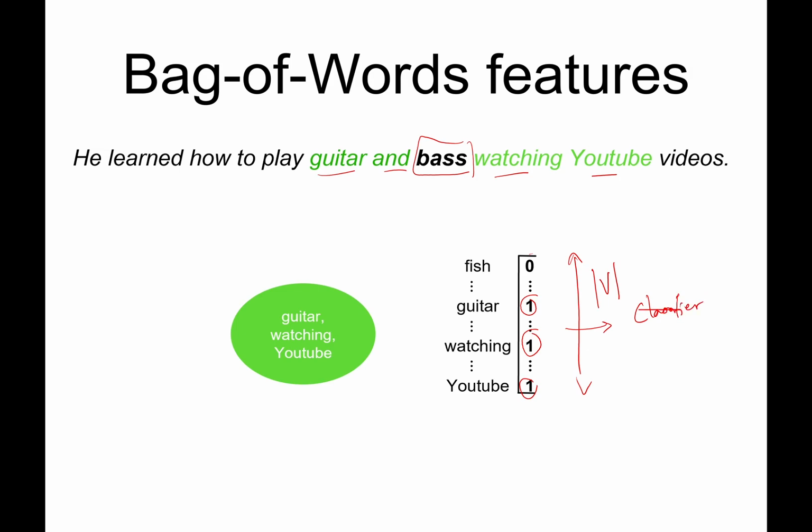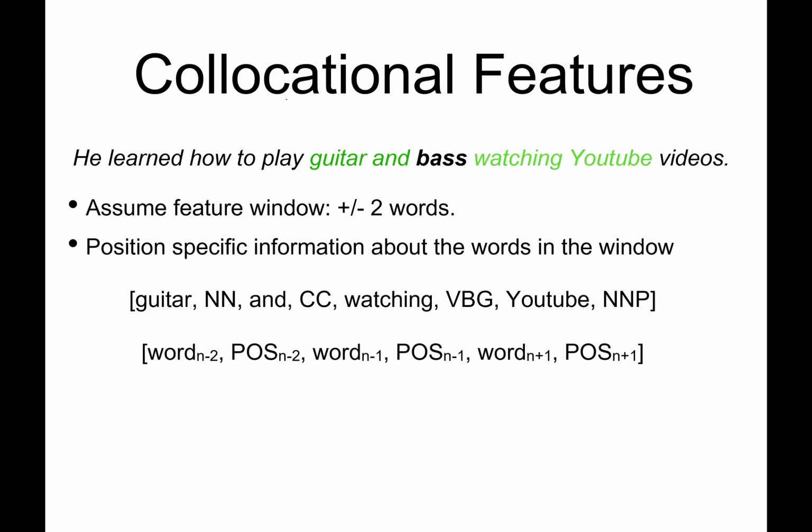So this will be my representation, and this is what I'm going to give to my classifier to choose what sense I'm talking about. If I choose to do collocational features, then assuming that I have a window of minus plus 2, I'm going to have to keep these guys in order, okay? So each one of these guys is going to be of the size of the vocabulary.